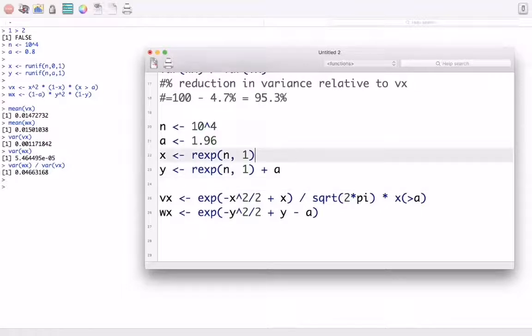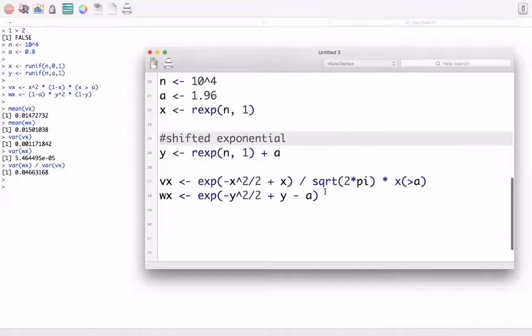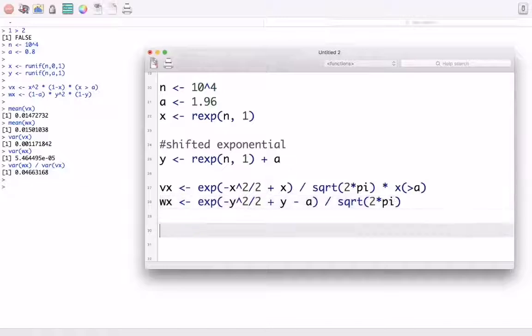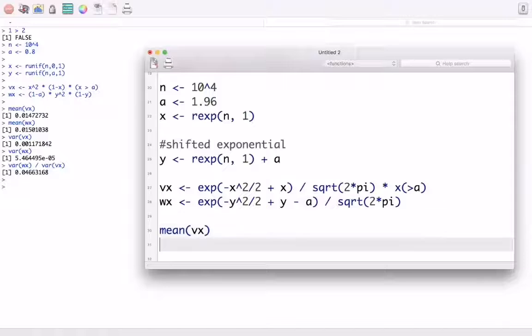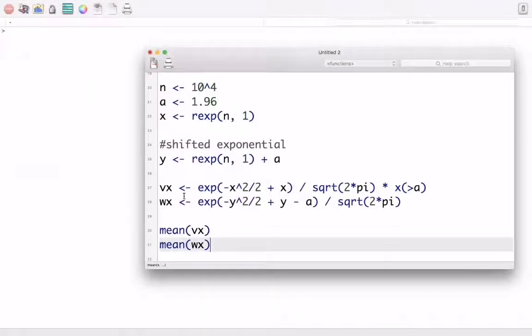So this is your shifted exponential, okay? Right? And of course, don't forget the square root of 2 pi, okay? Right? So then I will check the mean of Vx and then mean of Wx, okay? So let's try to run the code.